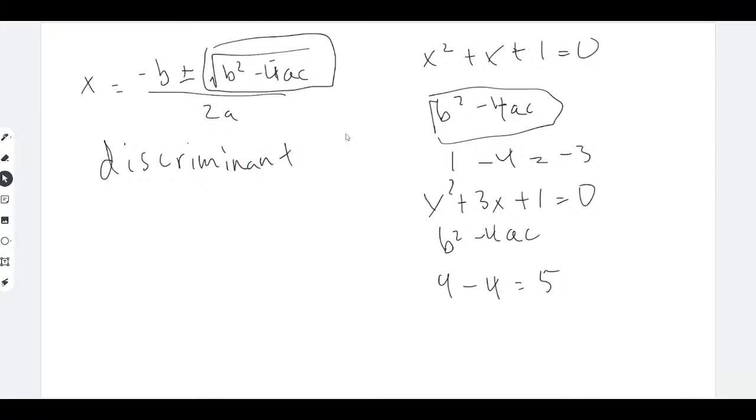Now the name of this, I wouldn't say it's too important, because it's just names. But sometimes they'll ask specifically to find the discriminant. It's not like if you can't memorize the name right now, it's a big deal.